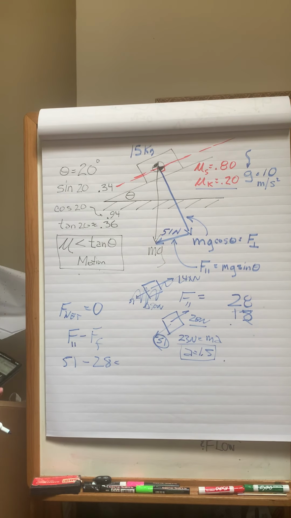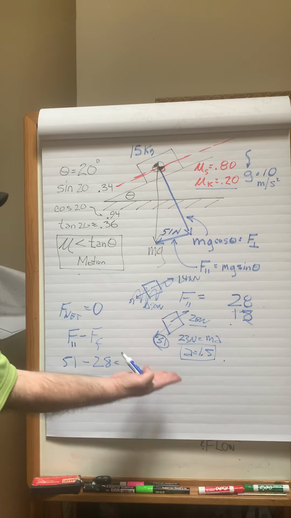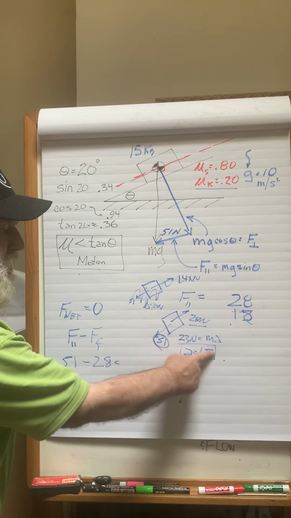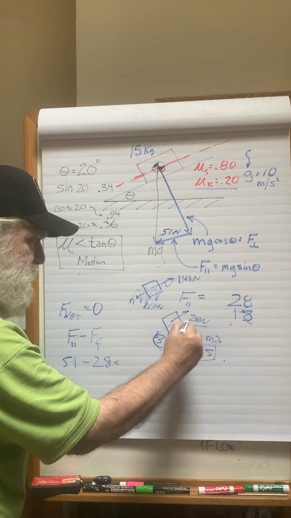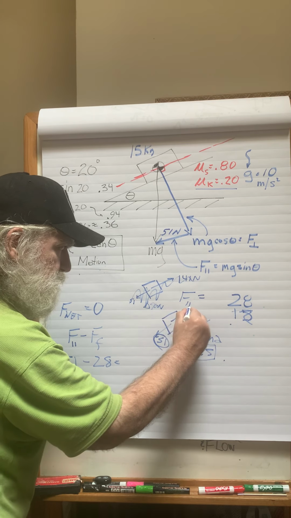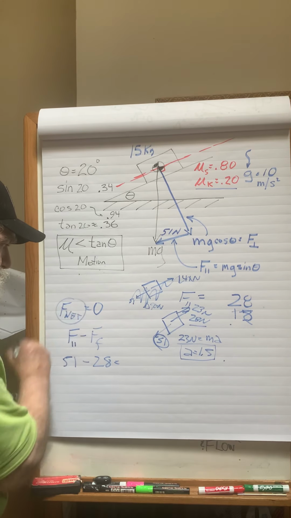And so the difference between those two is what I have to provide now. It's 23 newtons, right? So I've got to now pull. I have a net force of 23 newtons, creating that 1.5, as we found. So I need to add that 23 newtons of retarding force, so I get an F net of 0.